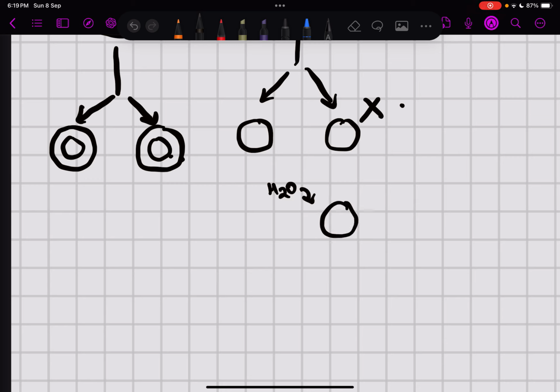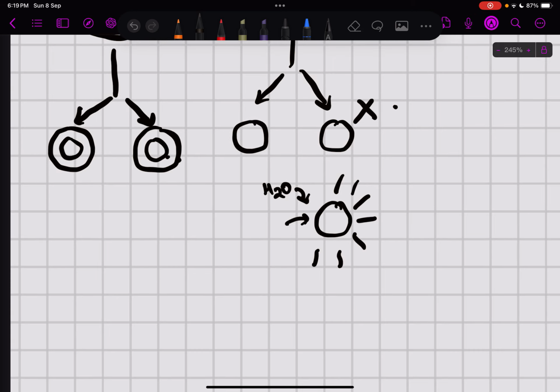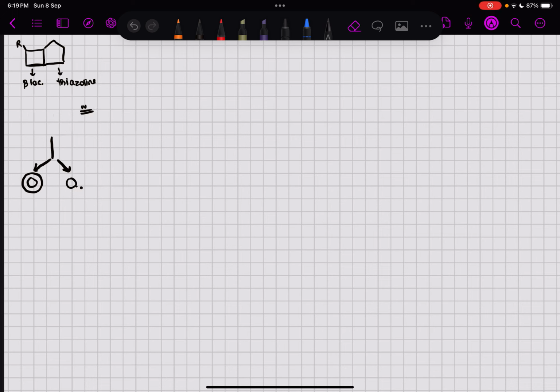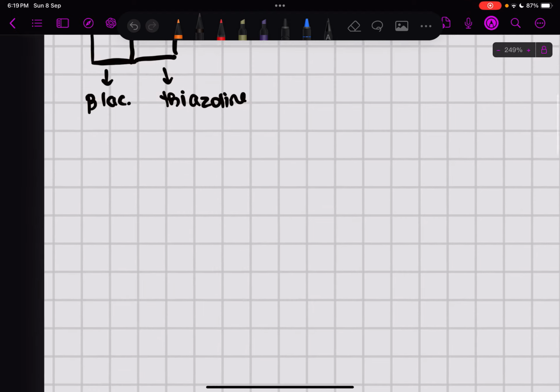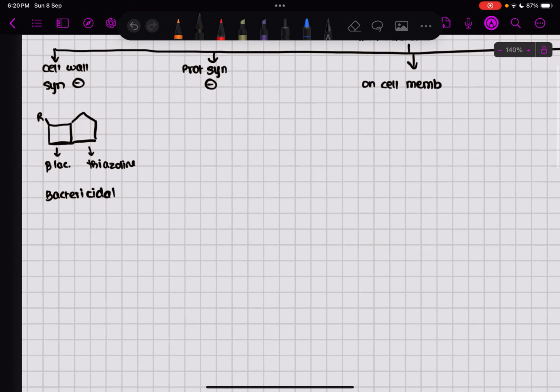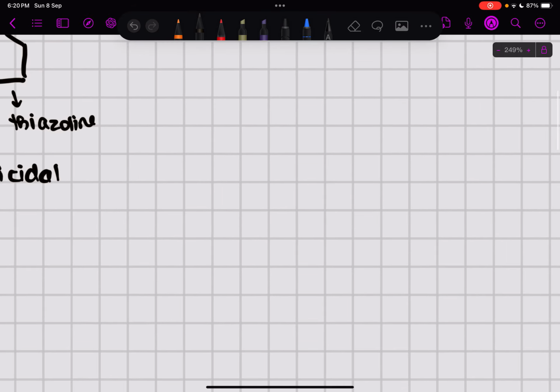Entering into it, it will eventually swell and burst, then die. So this is a bactericidal drug, whereas protein synthesis inhibitors just inhibit the replication, so they are bacteriostatic.